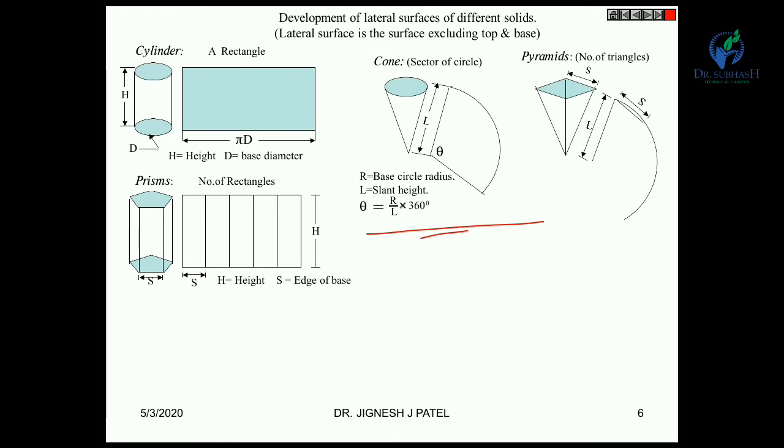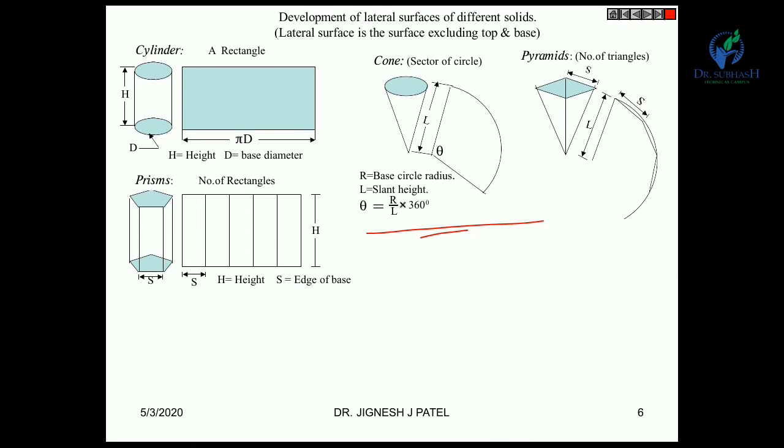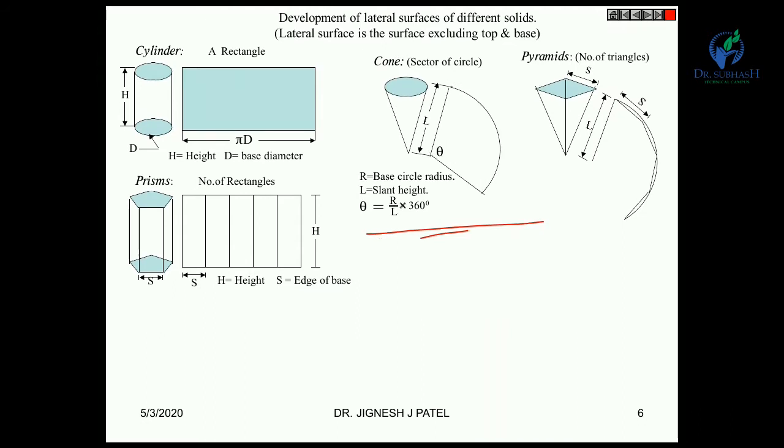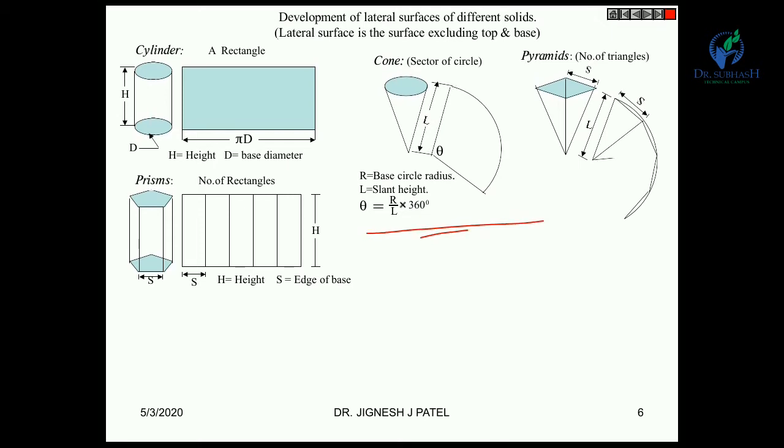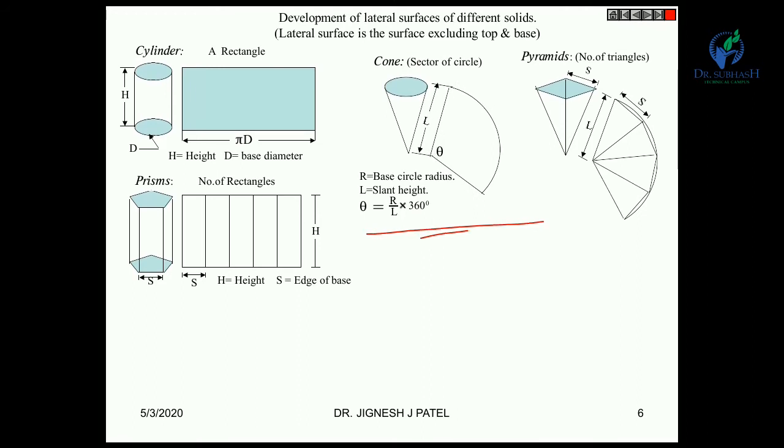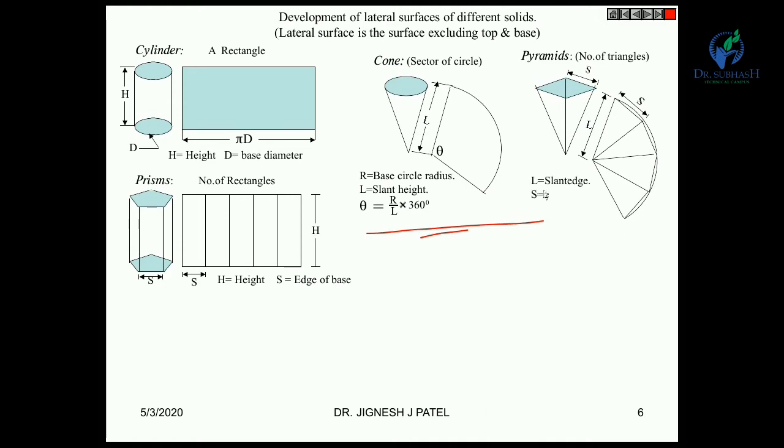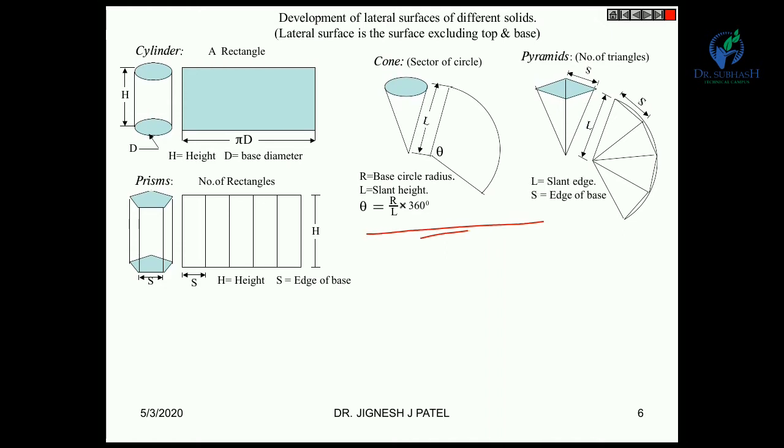Draw one arc and mark more arcs at a distance of S, again S, and again S. Since it is a square pyramid, we construct 4 different triangles: 1, 2, 3, and 4. This is known as the development of the pyramid, and it is also based on the radial line development method. L is the slant edge, S is the edge of the base.